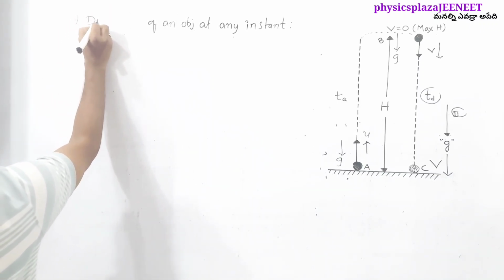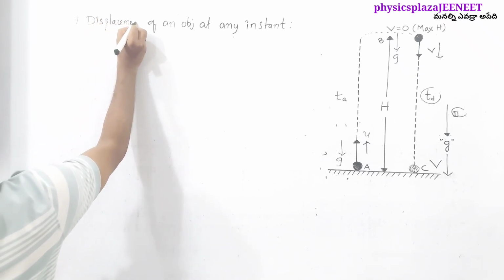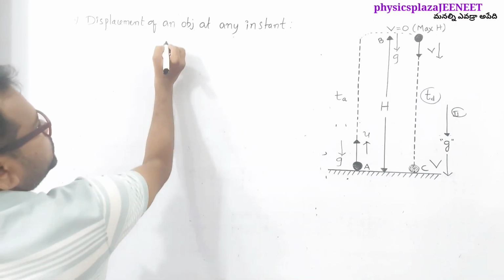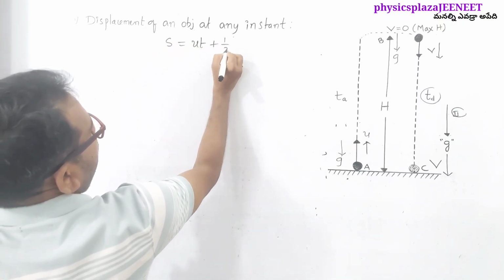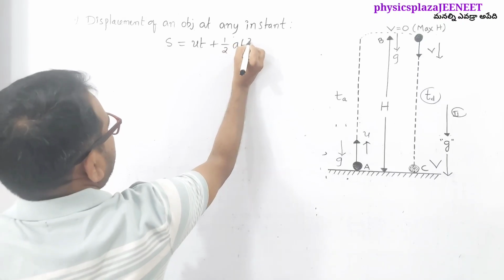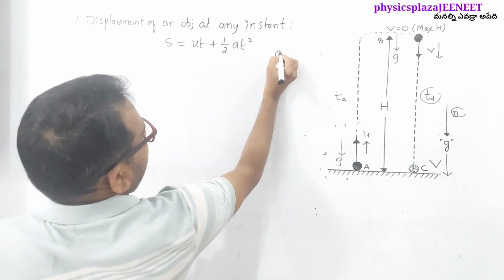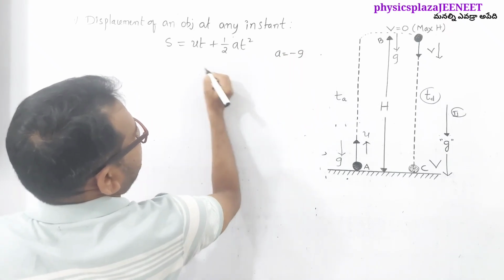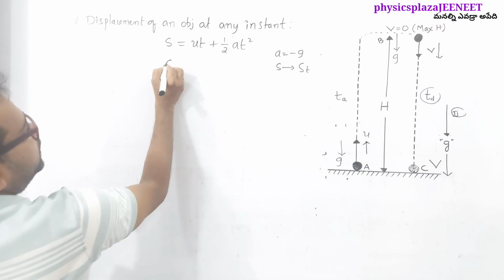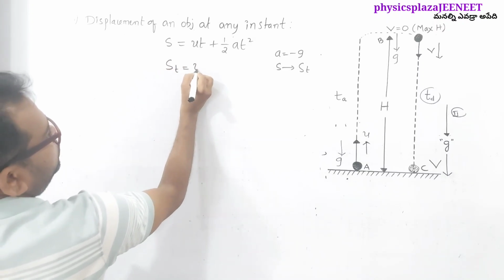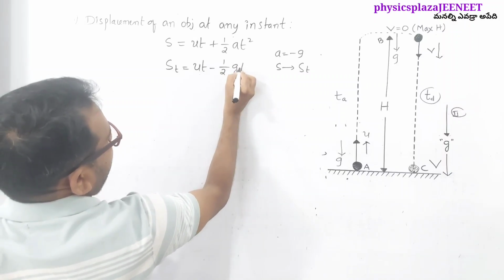So S is equal to ut plus half at square. As we know, a is equal to minus g. After time t, let us say the displacement is st. So st is equal to ut minus half gt square.